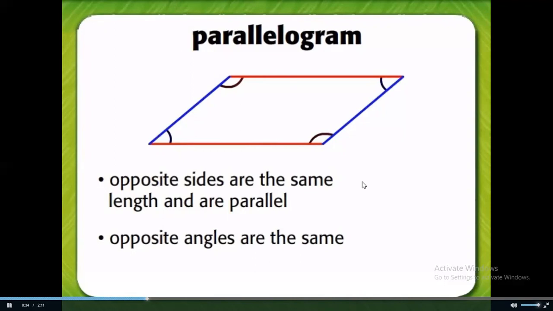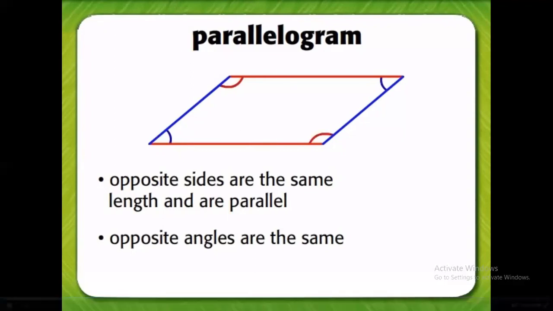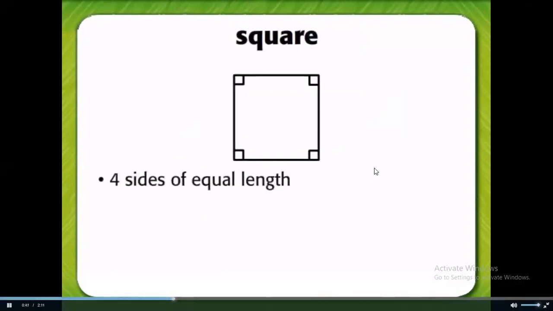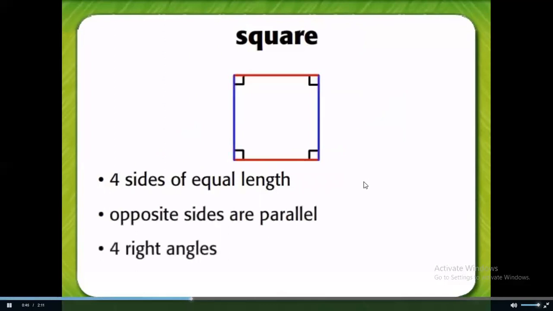Second one. Square. 4 sides of equal length. Opposite sides are parallel. 4 right angles. Be careful. Here I have a square with 4 sides, and the four sides are the same length, and the 4 angles are right angles, square corners.